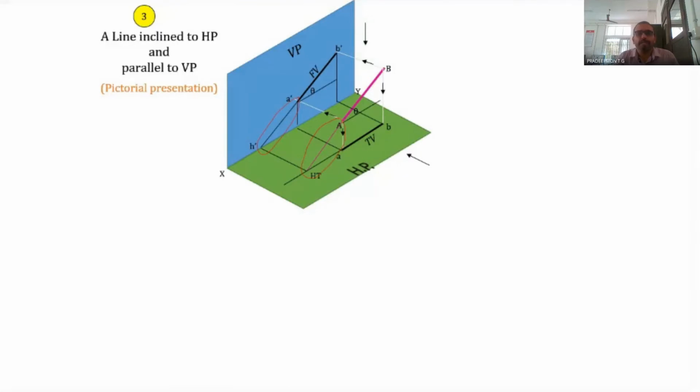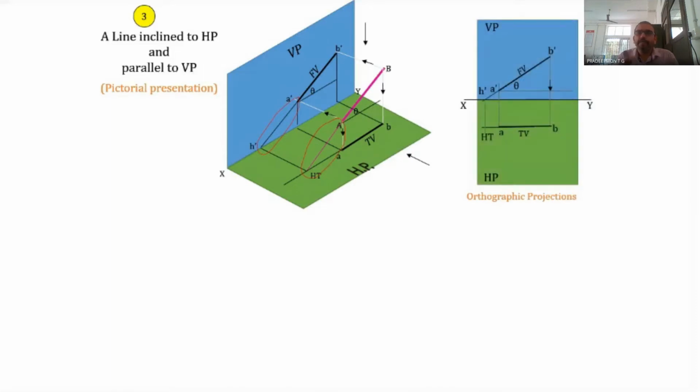So now, if we convert it into a two-dimensional drawing, that is orthographic projections, we don't have to draw this three-dimensional representation. What we have to draw is only this two-dimensional orthographic projection. So it will be like this. See, here is the XY line, and here is the front view, A dash B dash, making an angle of theta degrees with the XY line, and the line AB, that is the top view, is parallel to the XY line.